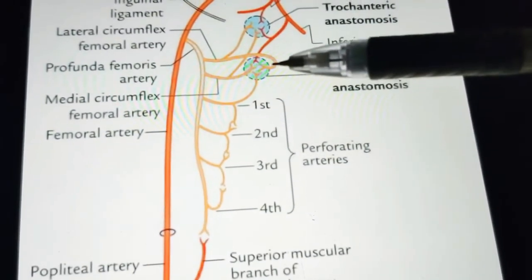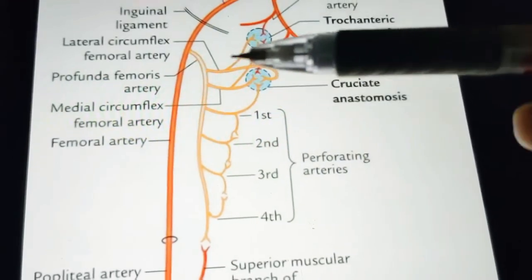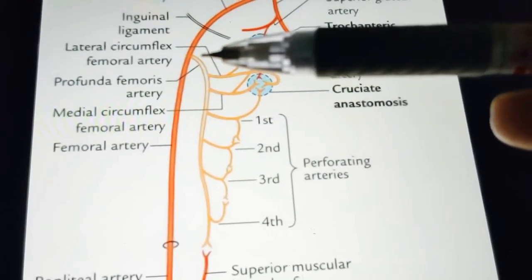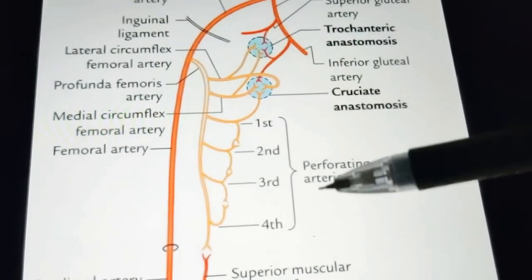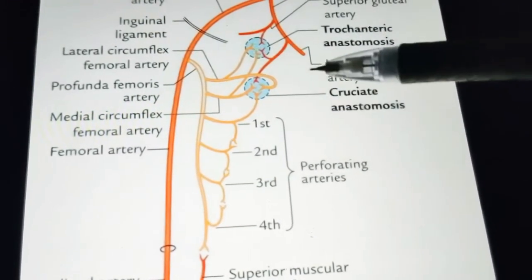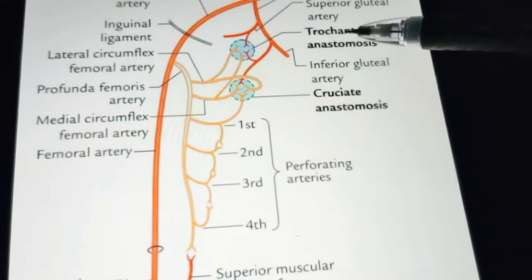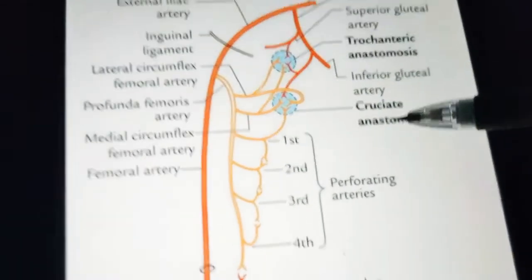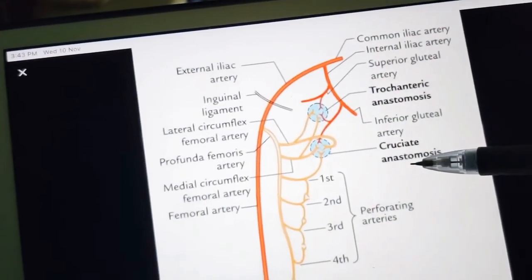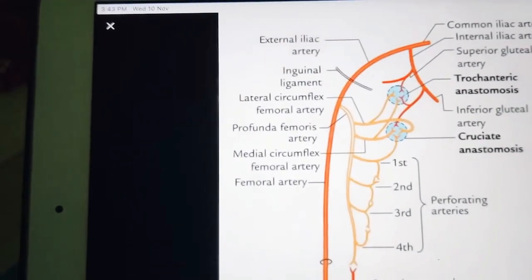Whereas in the cruciate anastomosis, there is only the inferior gluteal artery, and there are the lateral circumflex femoral artery, medial circumflex femoral artery, and one perforating artery. So these are forming the cruciate anastomosis. Remember, the trochanteric anastomosis is in the trochanteric fossa, and the cruciate anastomosis is in the middle of the femur, especially at the middle of the lesser trochanter. Okay, so by this we completed the anastomosis.